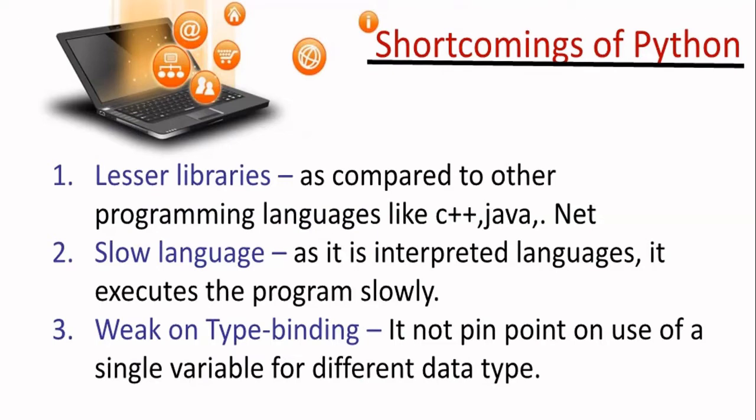It is weak on type binding. Type is data type, the kind of data that we have. We will learn this when we start using the language. You will realize that we have a feature called dynamic typing, something I had mentioned yesterday. You will understand this feature when we start using Python, just like fewer libraries.